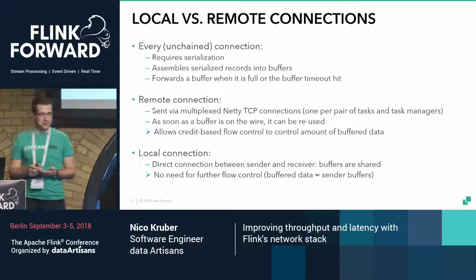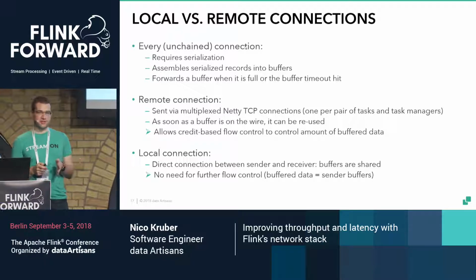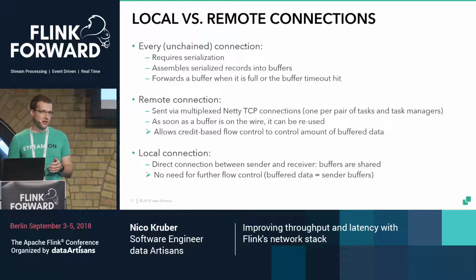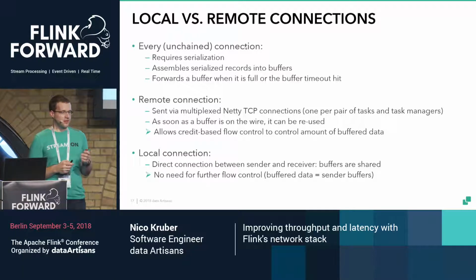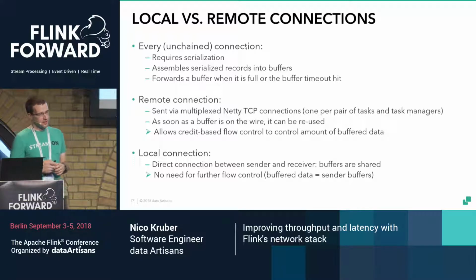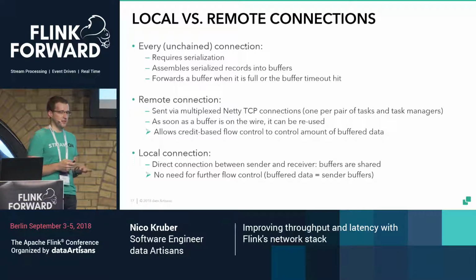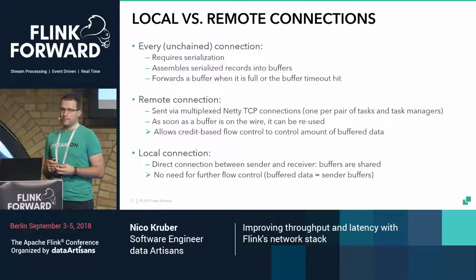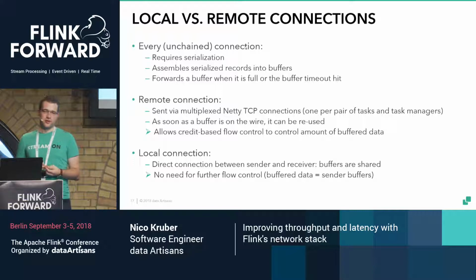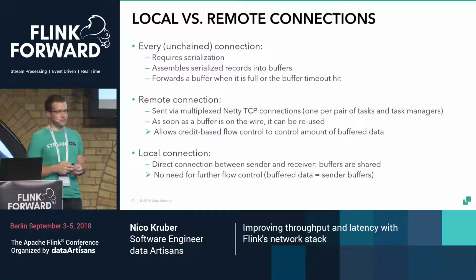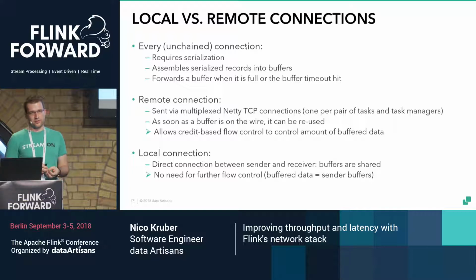We always forward the buffer when it's full or when the buffer timeout has hit. Now there's a difference between the remote connection and the local connection. The remote connection sends data over multiplexed TCP connections. This is what you've seen before. And as soon as a buffer is on the wire, it can be reused. This enables credit-based flow control and allows us to control the amount of buffered data.